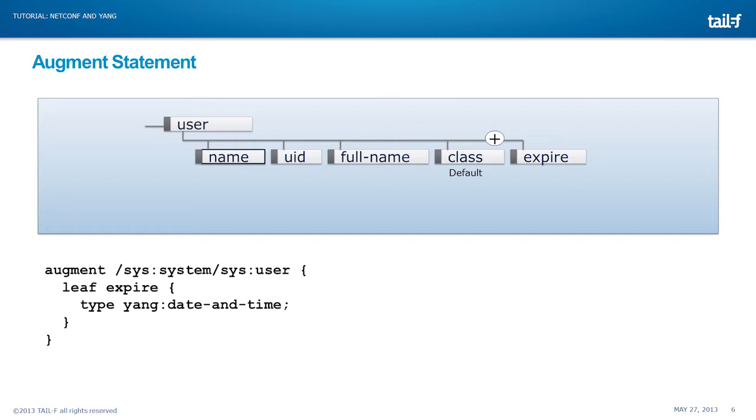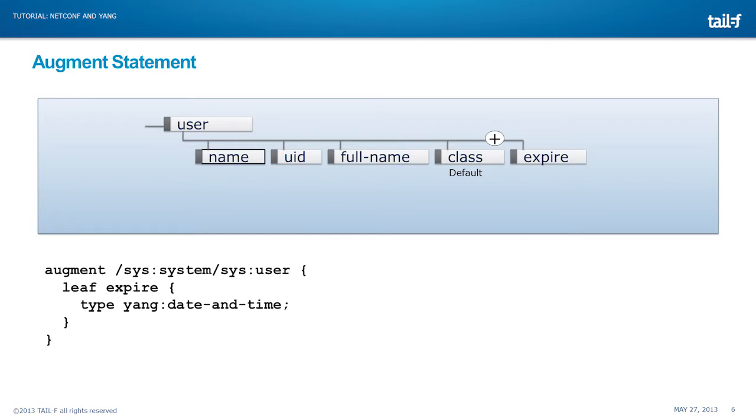You can have one Yang module that you're not changing, and another Yang module in which you use augment statements to add data nodes to that other module which you can't change. So here, if you'll remember from Yang tutorial part 1, we had an example of a basic user table of name, user ID, full name, and class of user. In our system, we want to take that standard user table and add an expiration date to that user information.